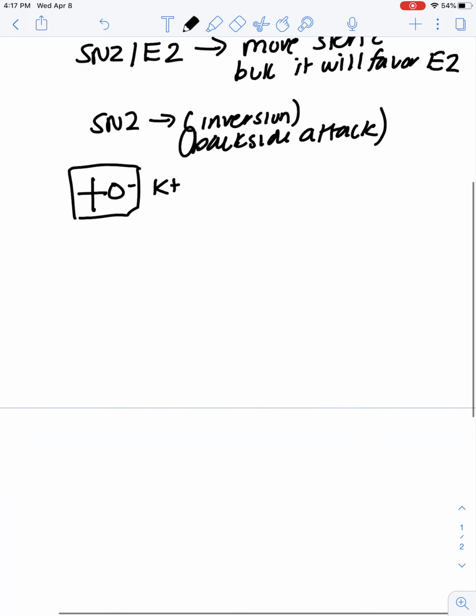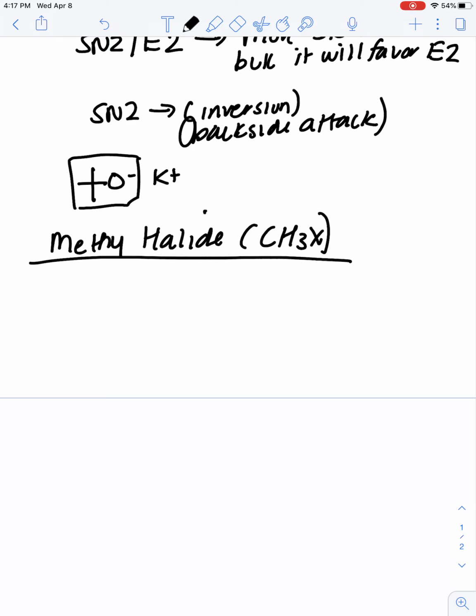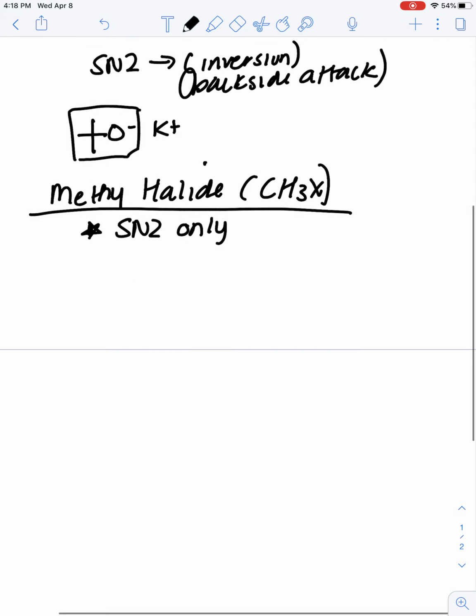Let's look at our general reactivity versus the halide type. So if we look at a methyl halide, a methyl halide is going to be CH3X. The only reaction that this is actually going to undergo is an SN2 reaction. So again, only proceed via SN2 reaction.